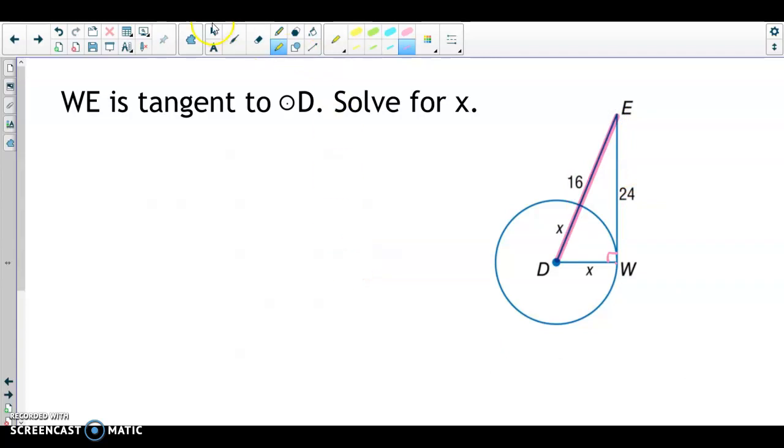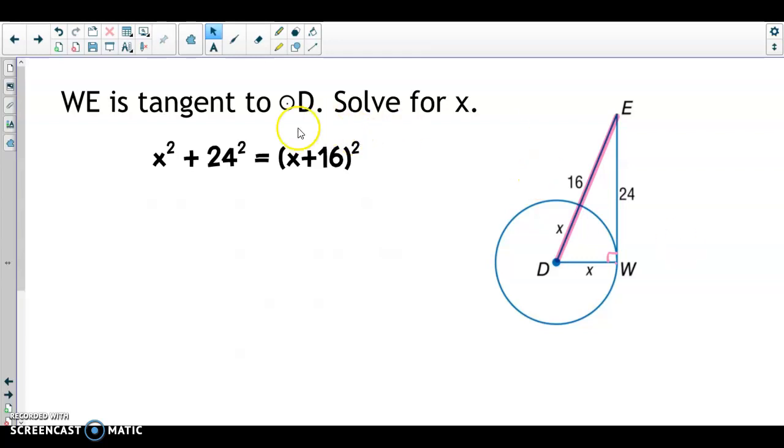So since that is my hypotenuse, I'm going to set up an equation that puts this side by itself. So then I would have x squared plus 24 squared would be the hypotenuse, which is x plus 16, quantity squared. Be careful when you square this quantity, folks. That's where we'll see a lot of mistakes here. Remember, that's a binomial times a binomial, so you've got to multiply it out.